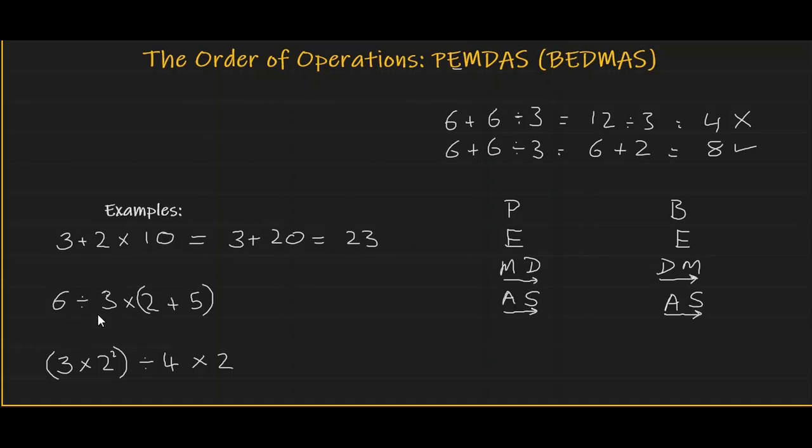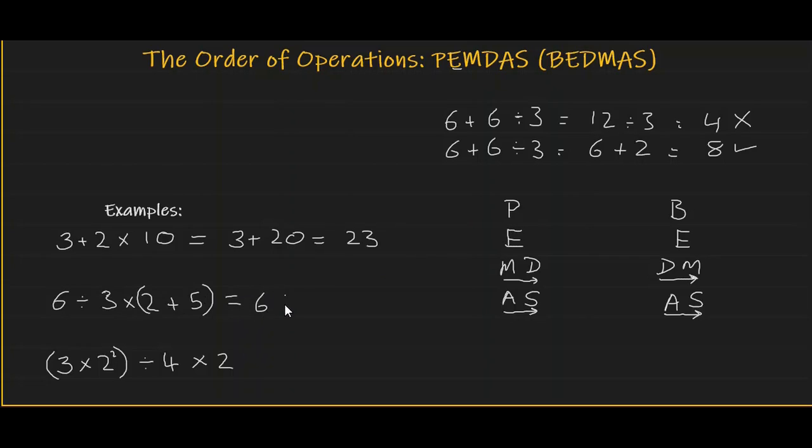Let's look at the other example. Here you have divide, multiply, and brackets or parentheses. Within the parentheses, you have another addition. So here you will first look at parentheses or brackets. So let's solve this.